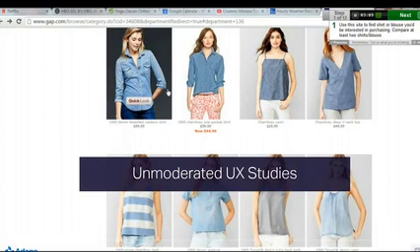Another type of usability study, compared to the moderated one that we talked about in the qualitative method, is the unmoderated usability study. This one can be designed to be more quantitative. Here's one example on usertesting.com where a participant is going through an automated script and answering questions, talking out loud while being recorded.